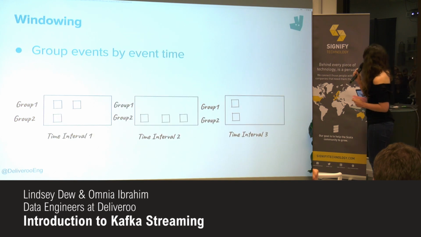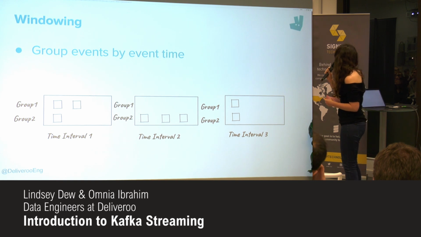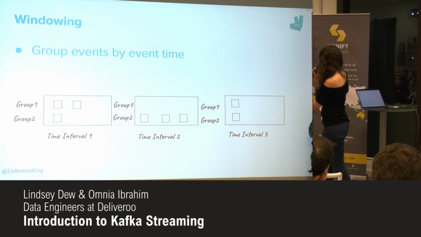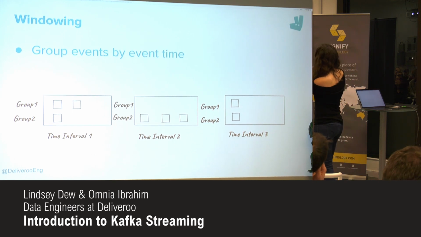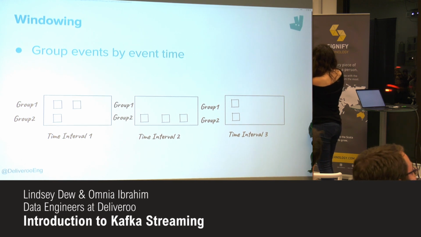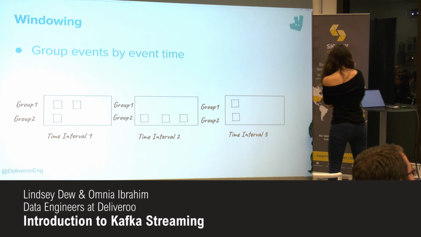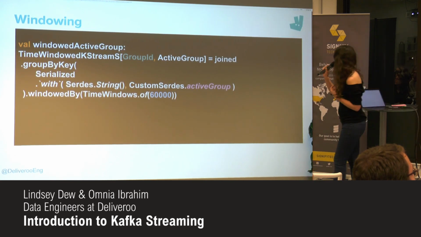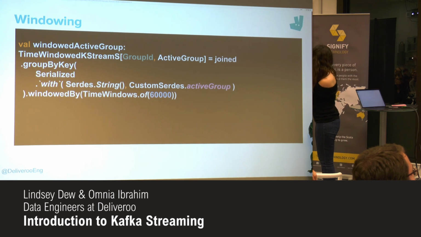So the windowing operation in Kafka gives us the ability to group events by event time if they're grouped by key. So if we have our kind of flow of data, these would all get put into a specific time interval and also grouped by their group ID. The code for this looks something like this. We take our join stream, we group by key.